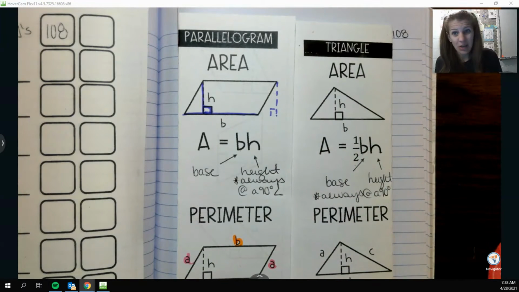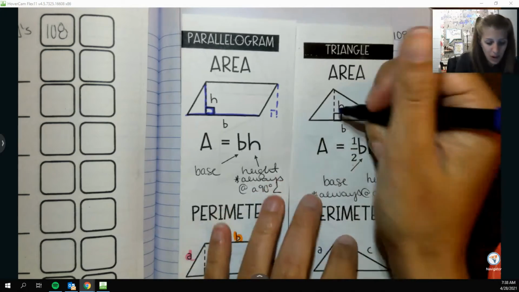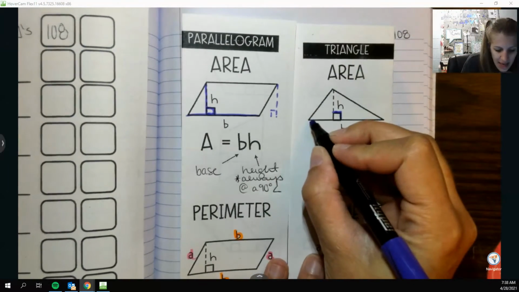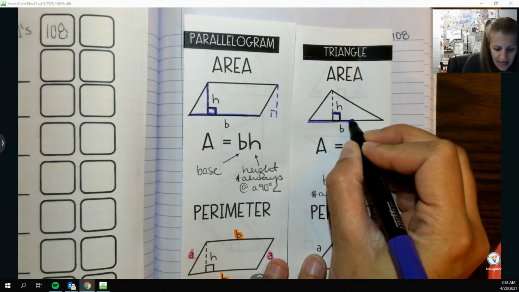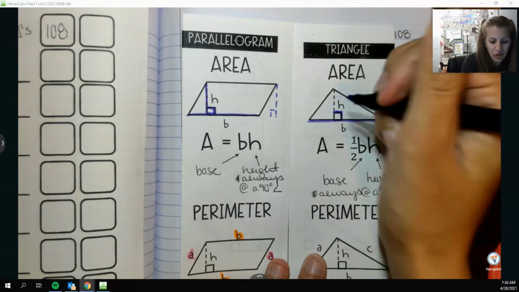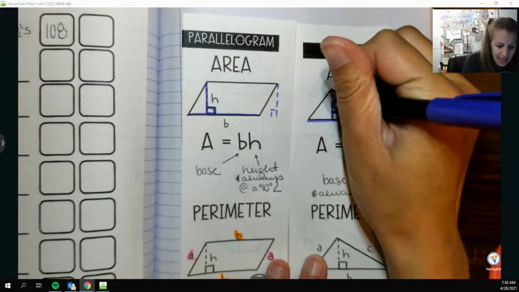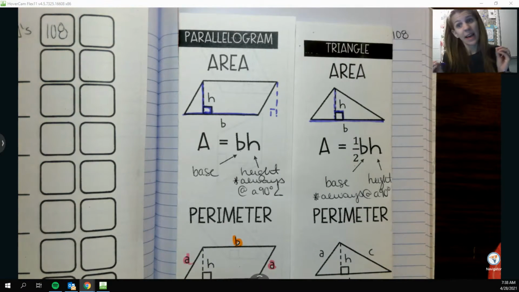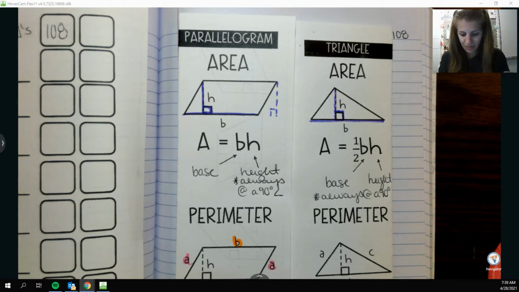So again, just like with a parallelogram, I'm looking for the box to show me that I have a 90-degree angle, and then the side of the triangle and then the height are the two lengths that I want to use there. And again, that height could be inside the triangle, but it doesn't necessarily have to be. It could be outside the triangle. So just find that box and pick the two sides touching it. You should be good to go.